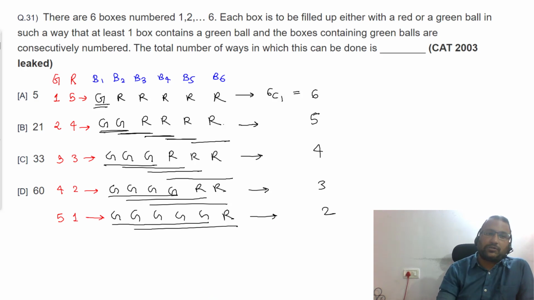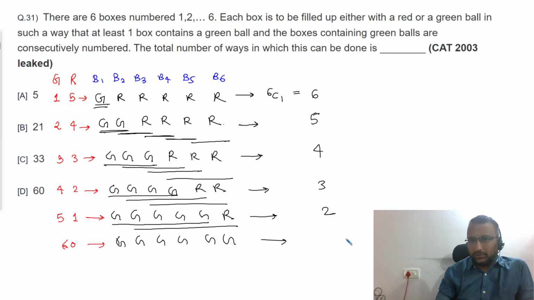And the last possibility is, all 6 boxes are having green color and 0 boxes are having red color. This is possible with only one combination. All 6 boxes are having green color. You can do this in only one way.